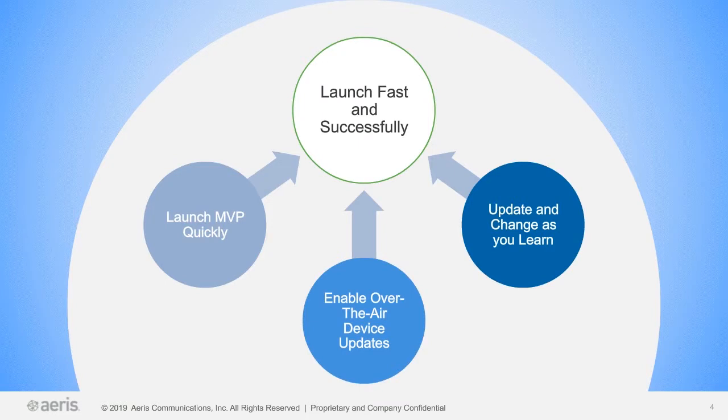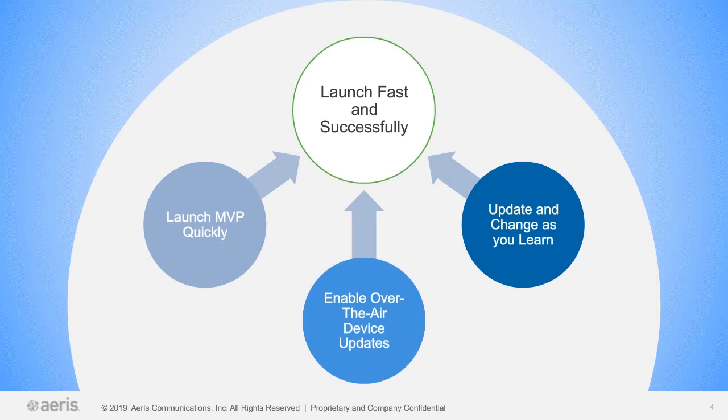Okay. So when we look at launching a connected IoT solution, you obviously want to get it out the door quickly and you want to make it successful. What we're going to talk about now are a couple of things to think about that will help you launch an MVP quickly, minimum viable product.